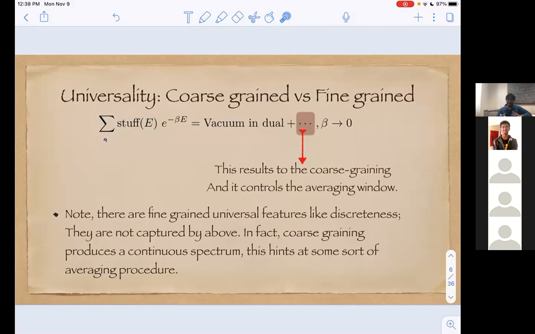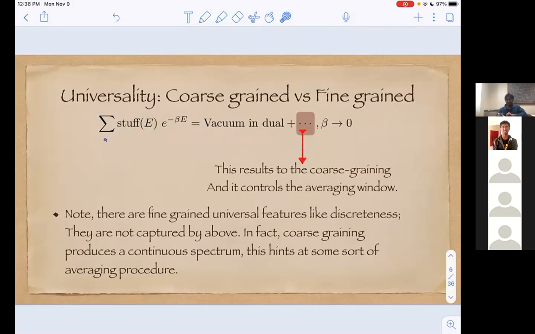And by fine grained features I mean features like discreteness. The point is the discreteness is never captured by these coarse grained features. So once I have the vacuum in the dual channel, I consider the vacuum contribution and do an inverse Laplace, I get a smooth approximation of this stuff E. And this smooth approximation always produces a continuous spectrum.